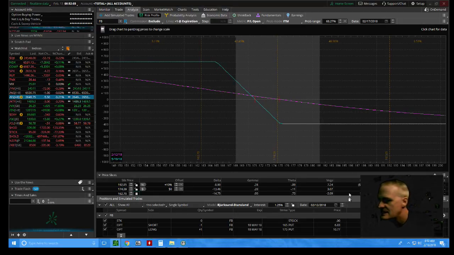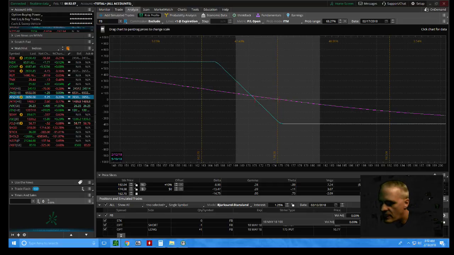Now, as volatility comes out of it, once I hit this crossover point here, volatility decreasing helps me. And that's one thing if you're going to trade options, because this is an option structure.